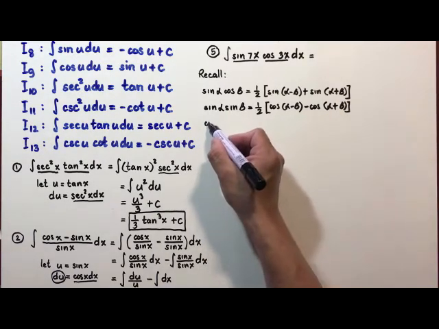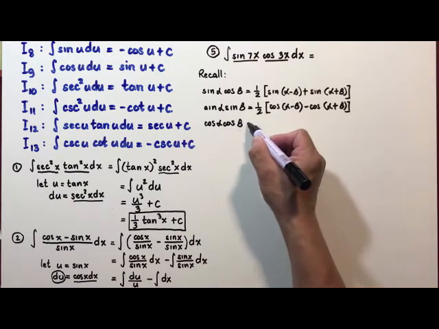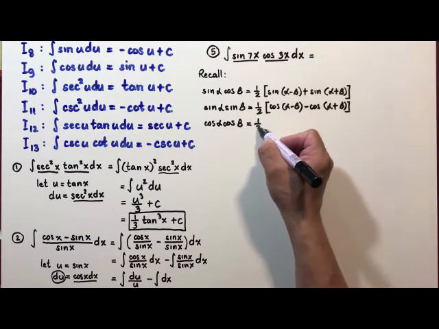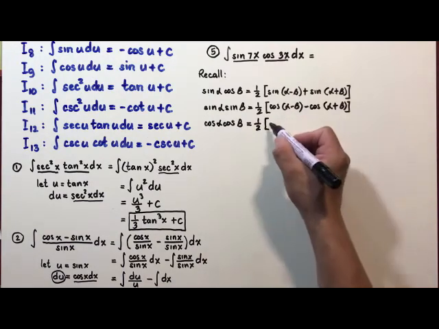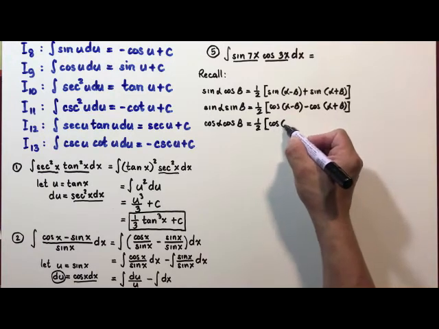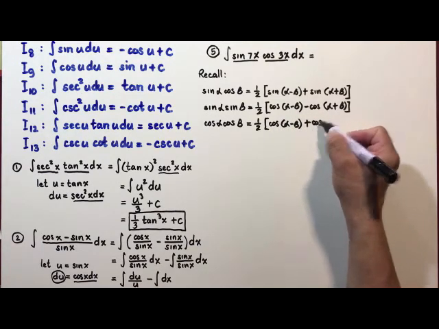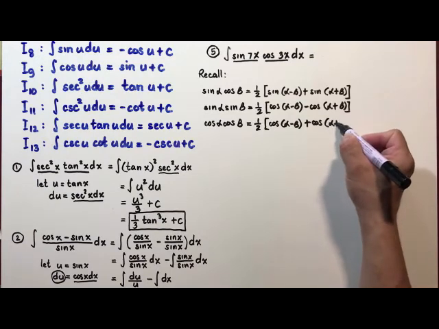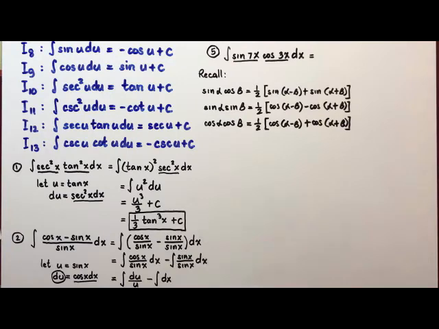Also, the cosine of alpha times the cosine of beta, we learn from our trigonometry that this is equal to 1/2 times the cosine of alpha minus beta plus the cosine of alpha plus beta. These are trigonometric identities we've learned from our trigonometry class in high school.